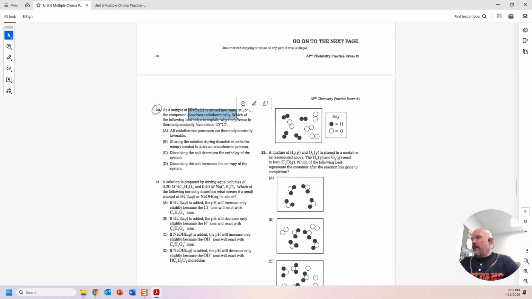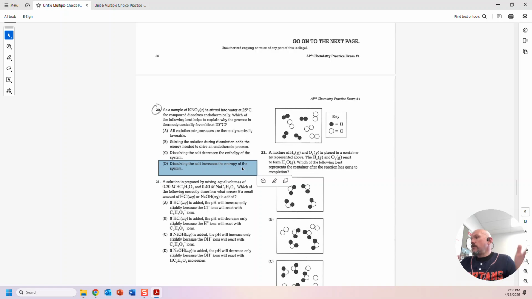So positive delta H. And so if we're asked what's driving the favorability, well, it's not delta H. That must mean it's delta S. What's favored in terms of delta S? Positive delta S. So endothermic reactions, if they're favored, it's because they have a positive entropy value. And so that would be D. Dissolving the salt increases the overall entropy.